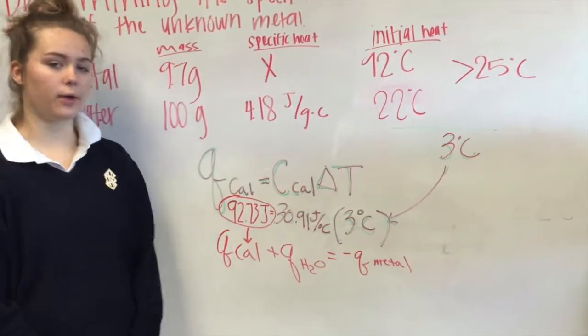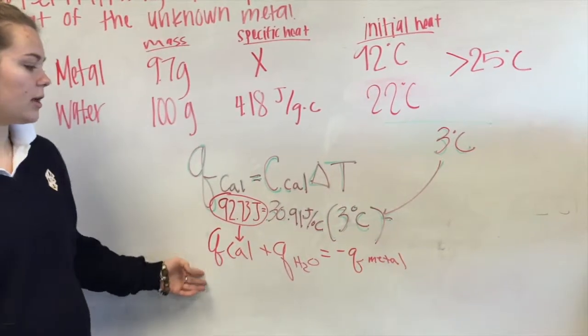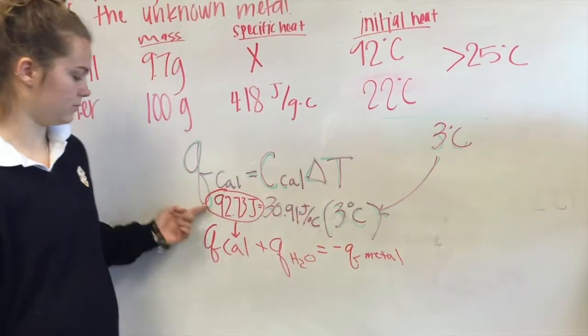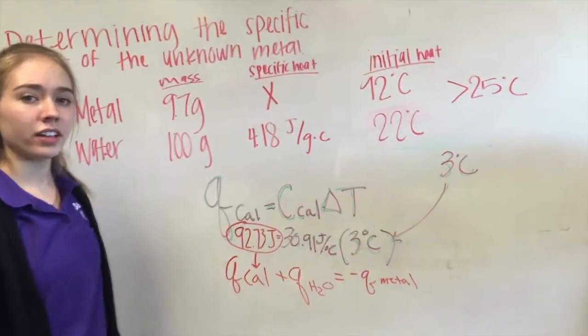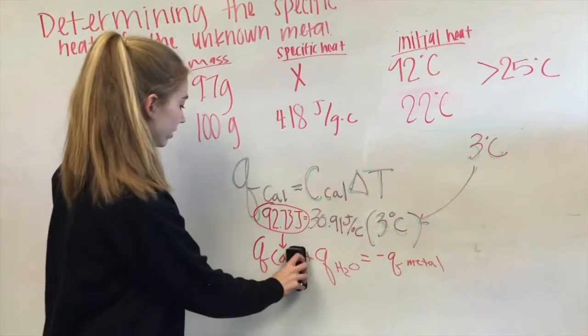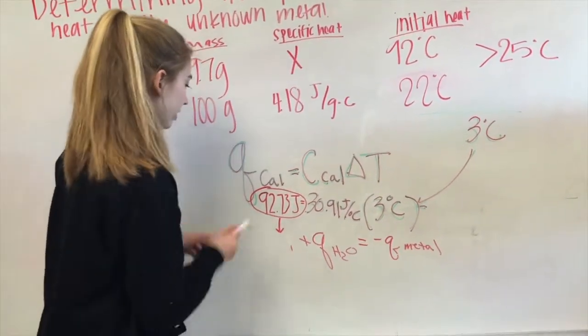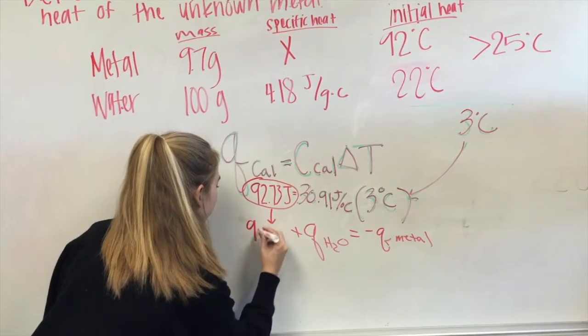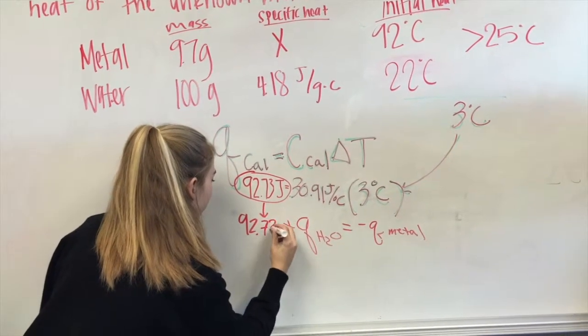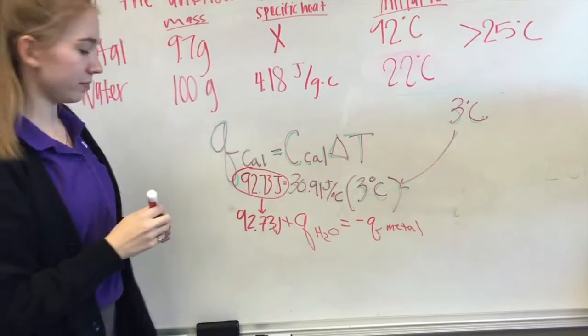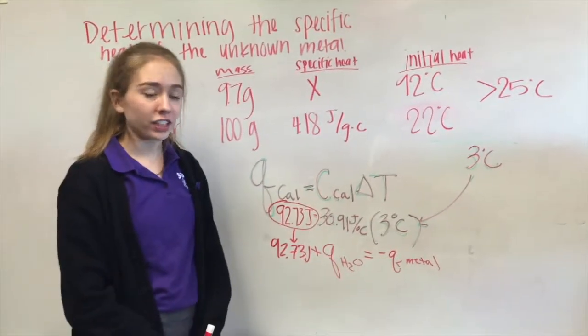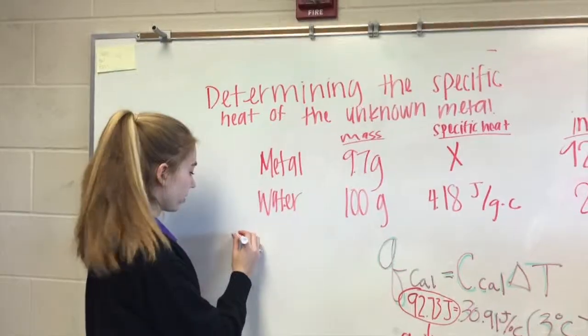We now have the Q cal, which is used in the equation to find the Q of the metal. The Q cal is equal to 92.73 joules. Now we are going to find the Q of the H2O.